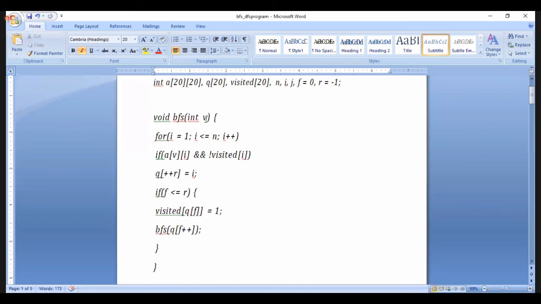See, about the indentation, I took a Word file. Shall I explain again? Which part do you want? What does BFS of Q of F plus plus do? Anyone answer me? What is F plus plus?